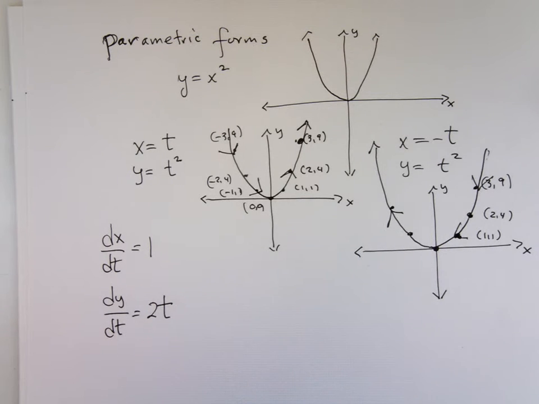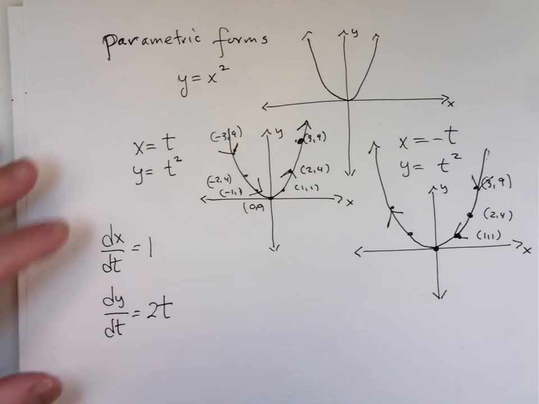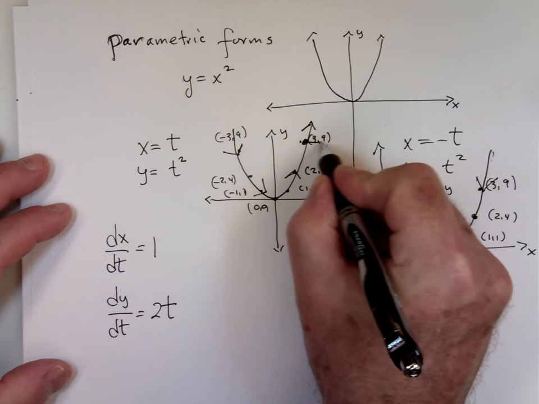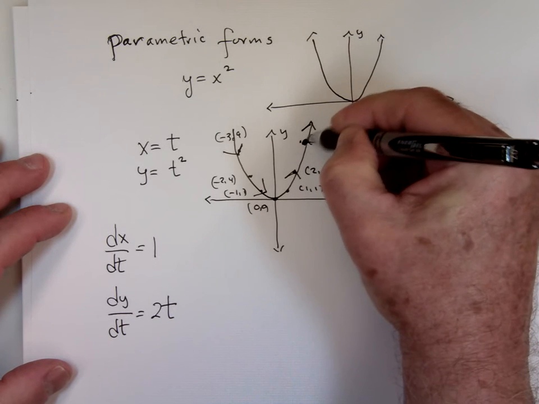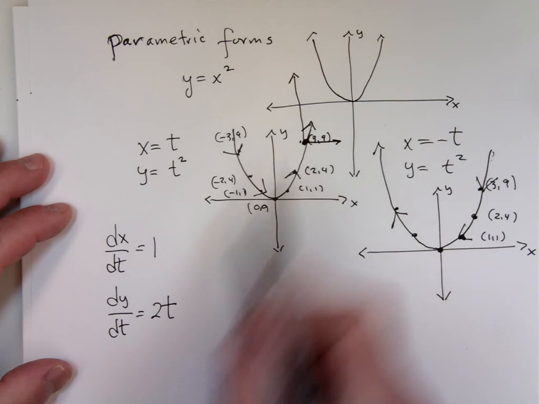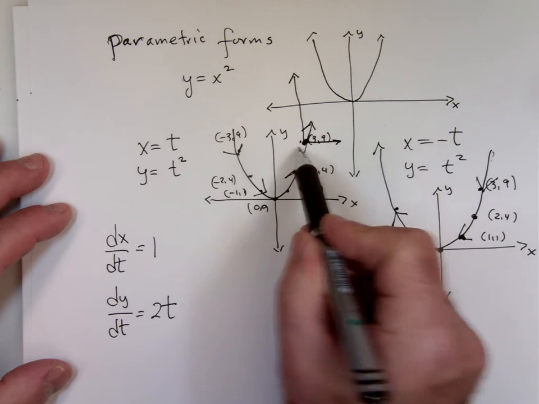And what we're going to do, not this chapter, but the next chapter when we talk about vector valued functions, we'll talk about a velocity in the x direction, and we can represent that with a vector. Okay, we can have a vector in the x direction, and we have a vector in the y direction. And at 3, this will be 6, and this will be equal to 1.